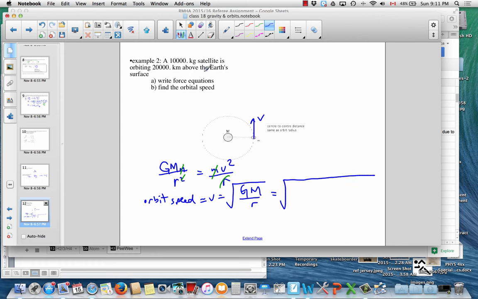So let's see. We've got a satellite orbiting above the Earth's surface, and that means that big M is, of course, the mass of the Earth. So we look on our formula on our data page and see what the mass of the Earth is, or we just turn back to the previous page. Then we need to know what's the distance from the center of the Earth to the center of the satellite.